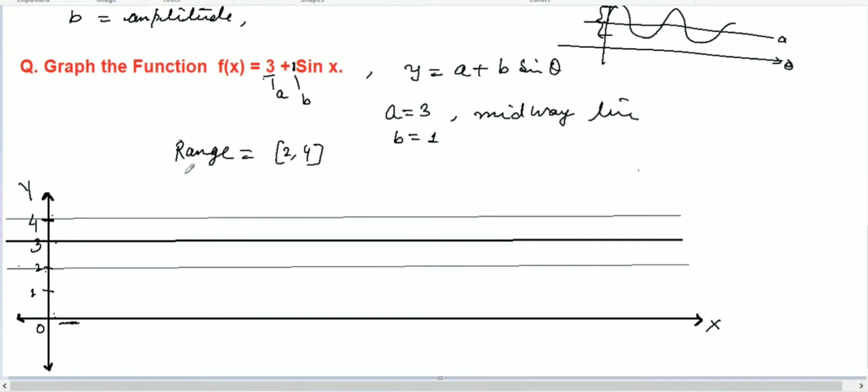And the period of the graph will be, this is going to be a sine graph, so the period of the graph will always be 2 pi. But the number here, this is also 1, so we will divide this 2 pi by 1. So it will not affect the graph. So 2 pi is the period of the graph.